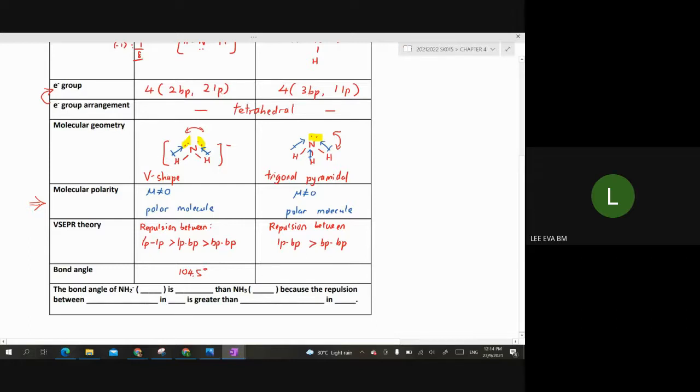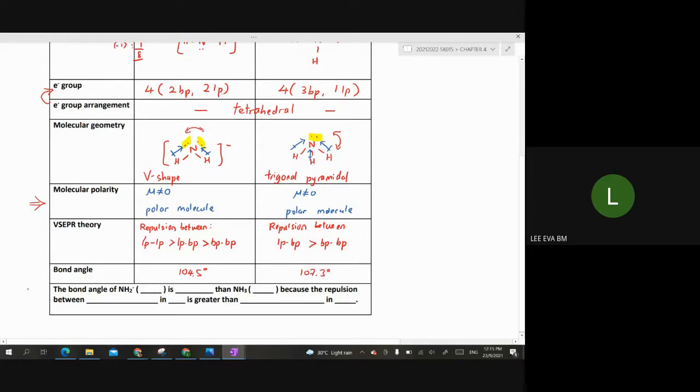If you write less than 109.5, that is also correct, but if you write the same for both, we cannot differentiate. Because question number 3 asks about bond angle, we have to write the value. NH2 negative is similar to H2O, about 104.5, whereas NH3 is a fixed value, 107.3 degree.